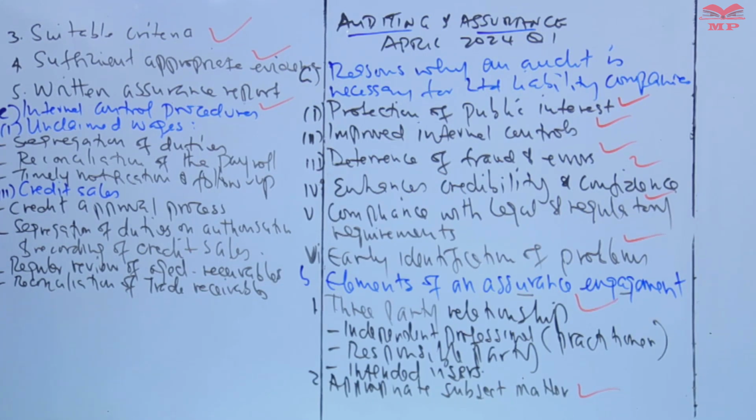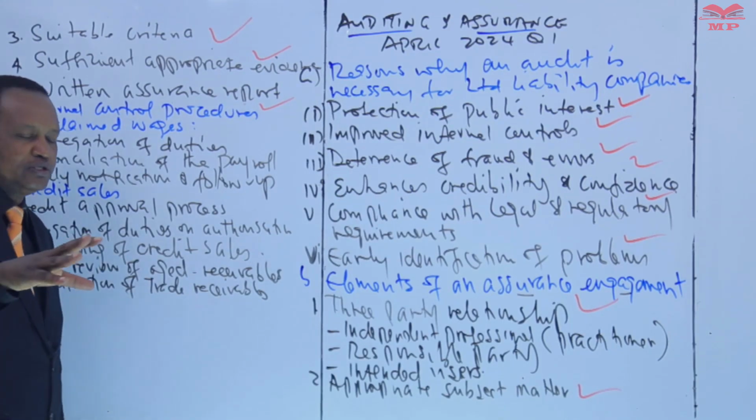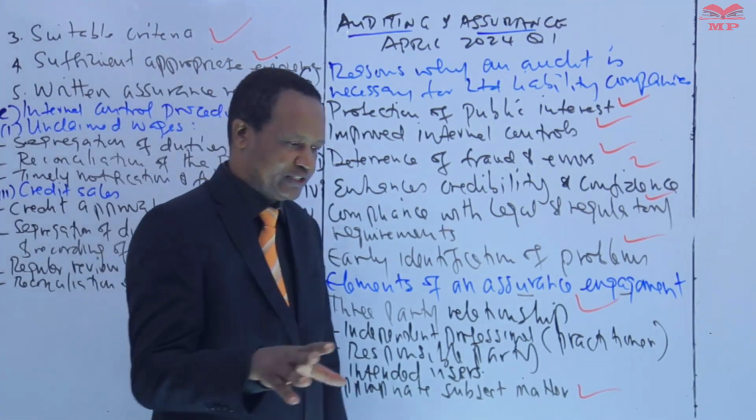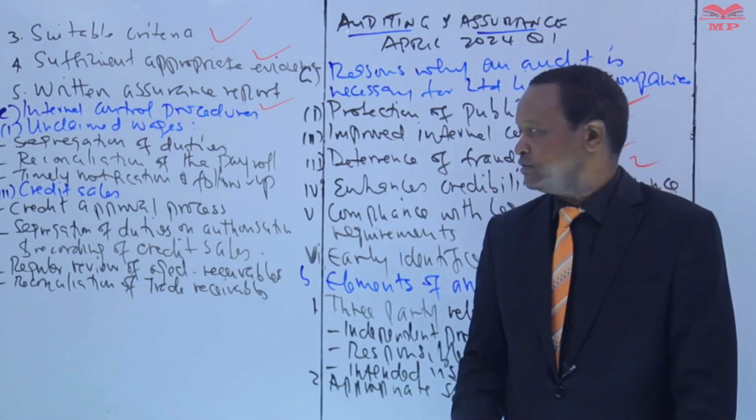Reconcile accounts receivable balances with sales records and customer statements on a regular basis, because that will help to identify any discrepancies or errors and ensure that the accounts receivable balance is accurate. That is an internal control procedure.